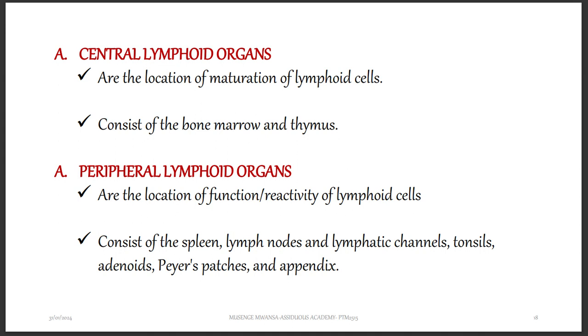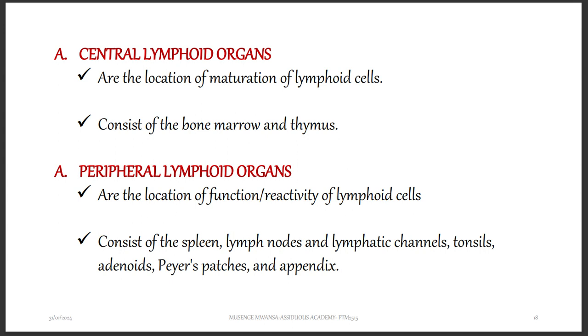Okay. So now the peripheral lymphoid organs. These lymphoid organs do not make cells which are involved in the immune system, and they do not mature cells involved in the immune system.